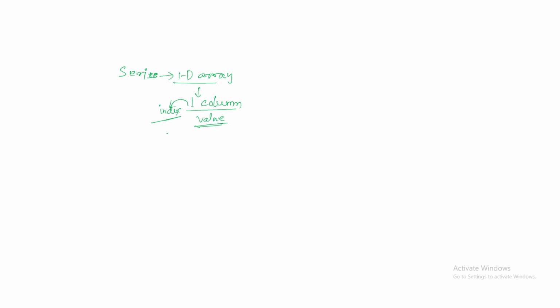And this index has how many types? Three types: positional index, labeled index, otherwise user index, and another one, boolean index.